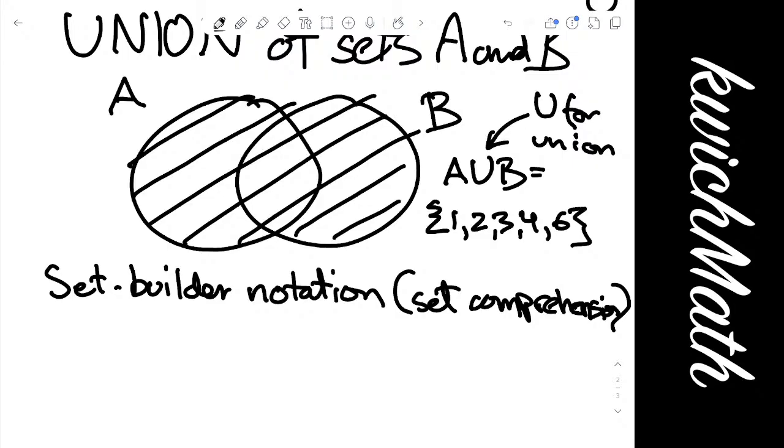But the idea is that we can write the union of A and B. So the set builder starts with the curly brackets, just like you would any listing of elements in a set. But what we are looking for is elements in the big set that satisfy some kind of property. And this X, the naming here is totally arbitrary.